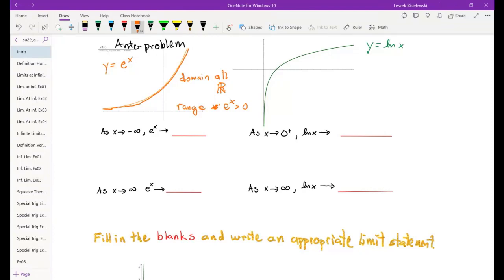Okay. But more importantly, we would like to look at the behavior of this exponential function in the long term. So when x either goes to plus or minus infinity.